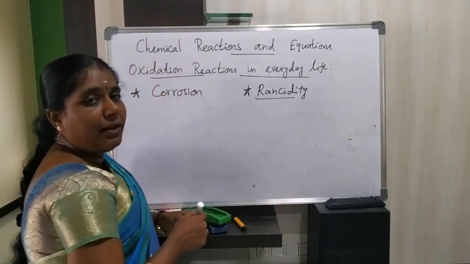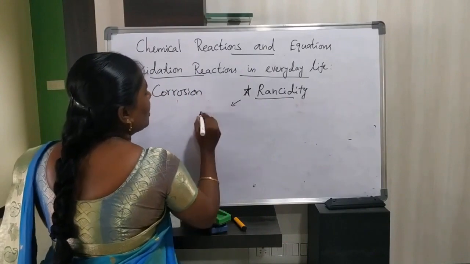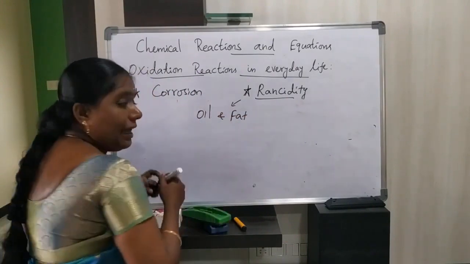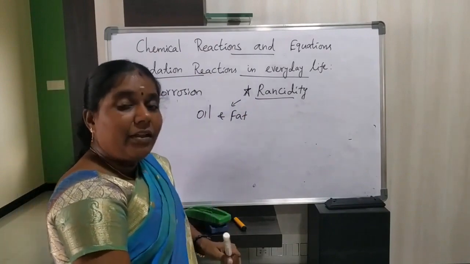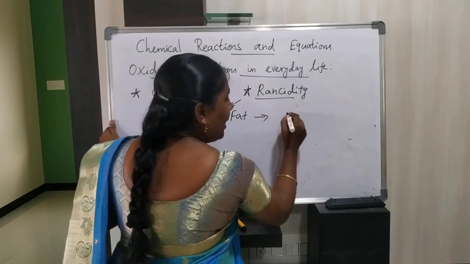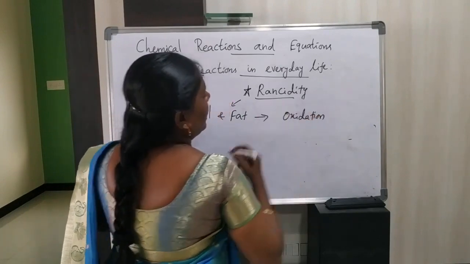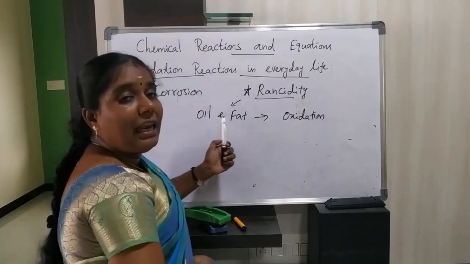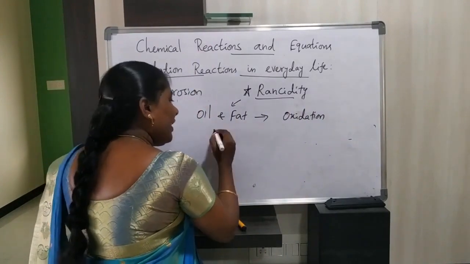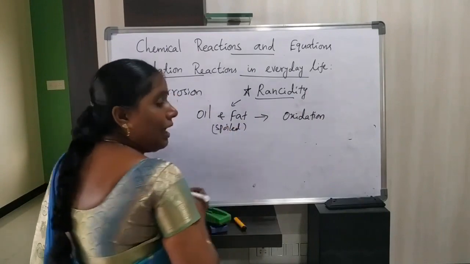See, mainly oil and fat. What happens? Oil and fat items generally get spoiled by aerial oxidation. Generally, oil and fat food items get spoiled. With the help of what?